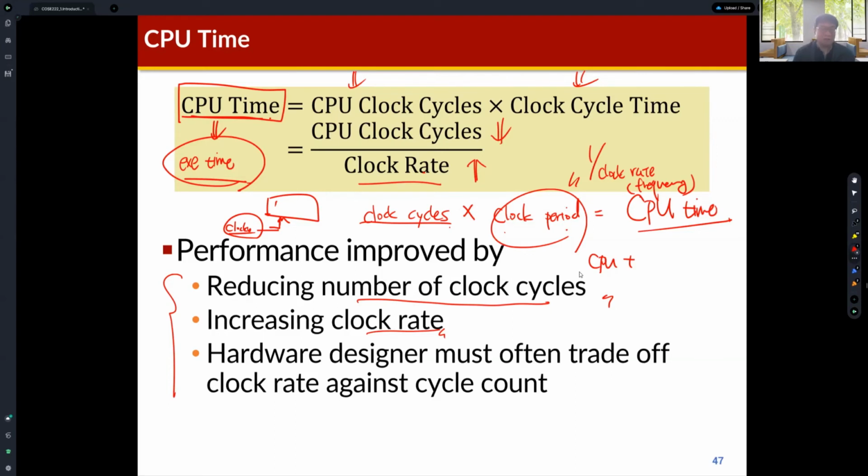Then why did I mention these two components? How can we reduce the number of clock cycles? It is determined by software and architecture.